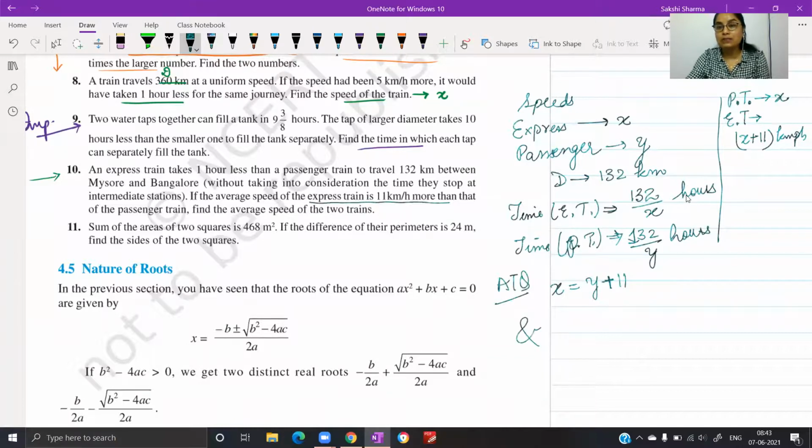And what about the difference in the timings? Form your equation from there. जिसकी स्पीड ज्यादा होगी उसका टाइम कम होगा. Keep that in mind.